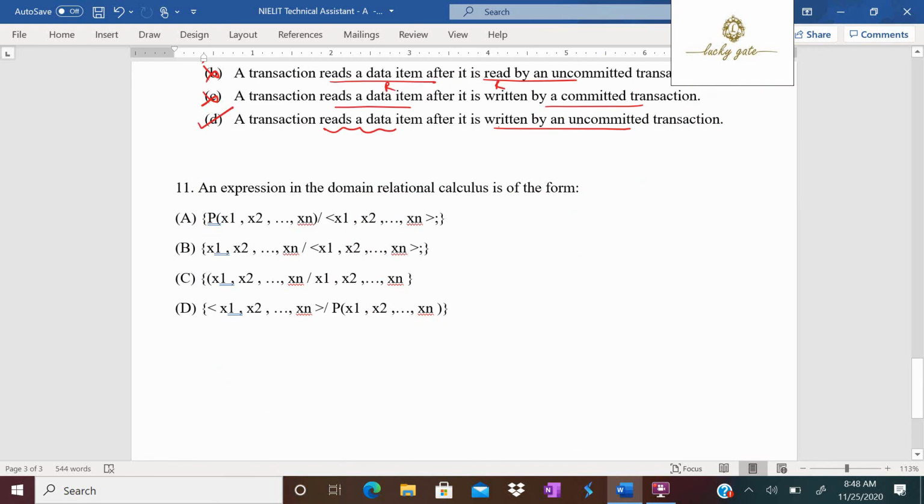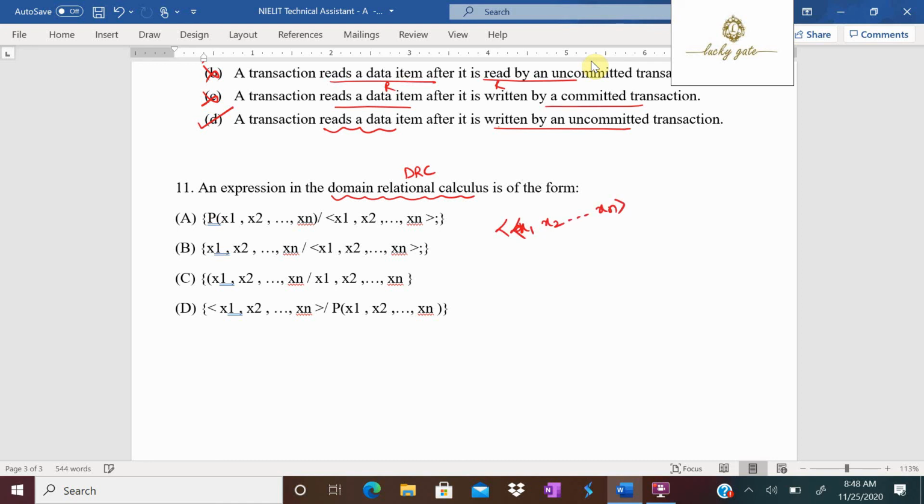Question number 11. An expression in the domain relational calculus, we call DRC, is of the form. The form of domain relational calculus should be attribute 1, attribute 2, dash dash dash, attribute n.